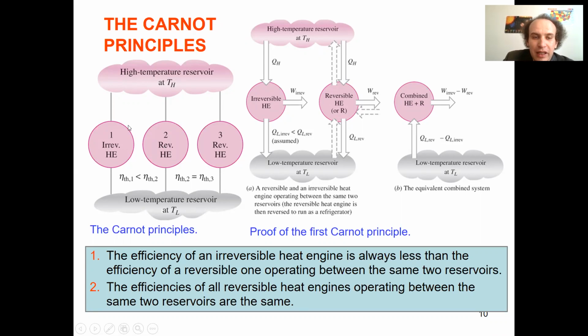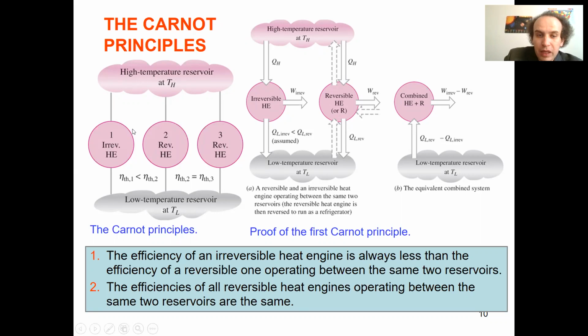Let's say I have irreversible heat engine number 1, and I have two reversible heat engines, 2 and 3. And I want to prove that engines 2 and 3 have the same efficiency, which will be larger than that of the first one. You already believe in this, talking about happy and unhappy families, but let's do it mathematically.